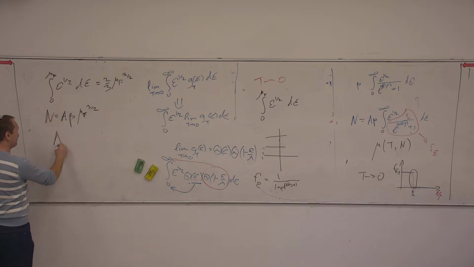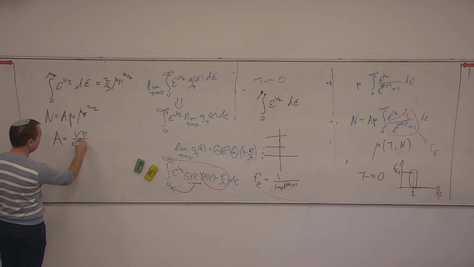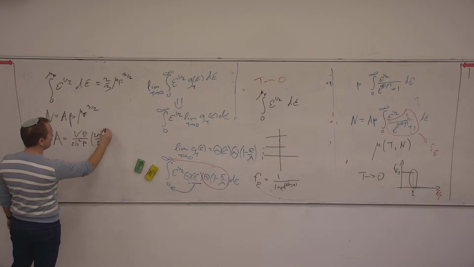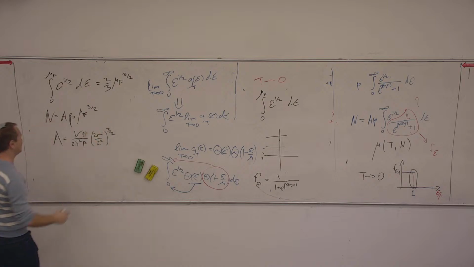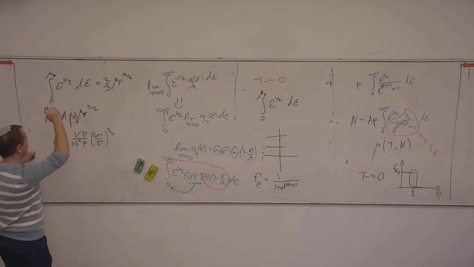What is A? It's V divided by 2 pi squared, beta in the denominator, and here I have 2m over h bar squared to the 3/2. You forgot to add the 2/3 from the integral. Oh, yes, great. Thanks. 2/3.